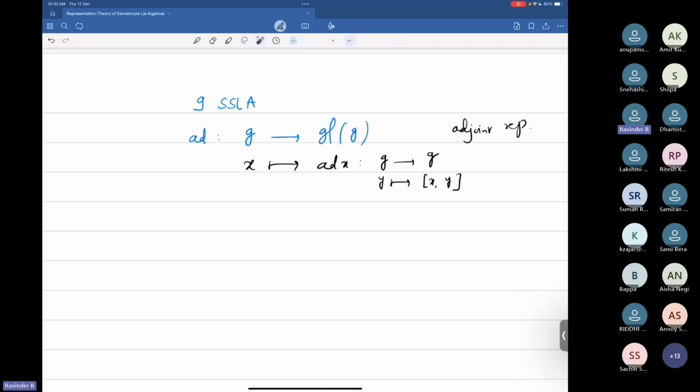Now, what is the notion of semi-simple element here? What is the notion of diagonalizable element here? So I told you about diagonalizable elements, what is the meaning of that? And what is the meaning of nilpotent element?